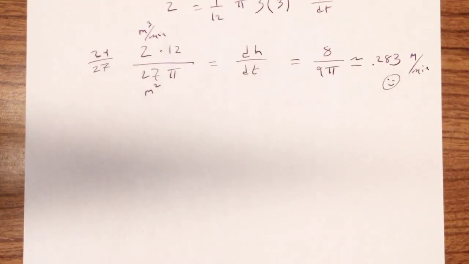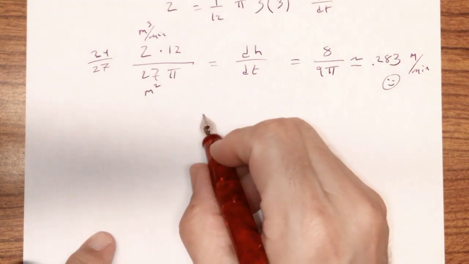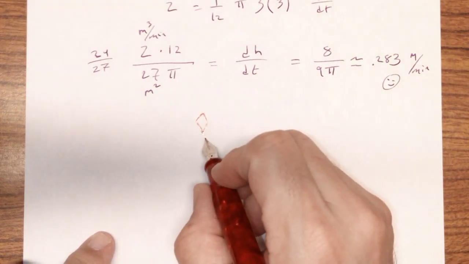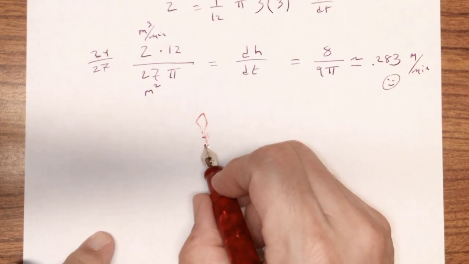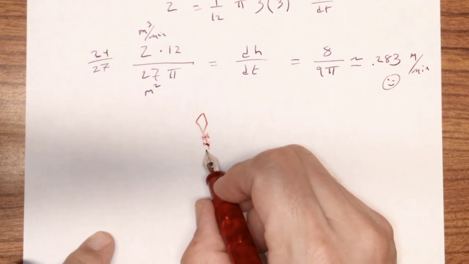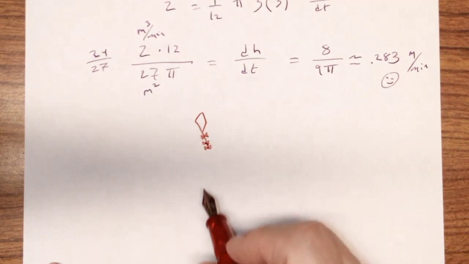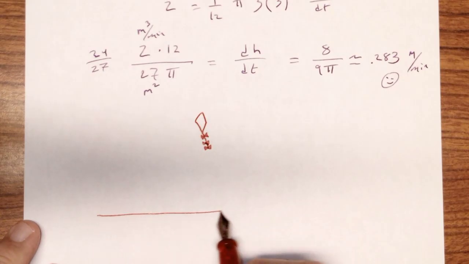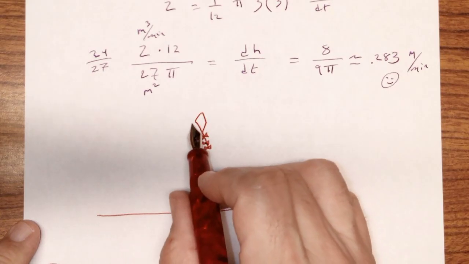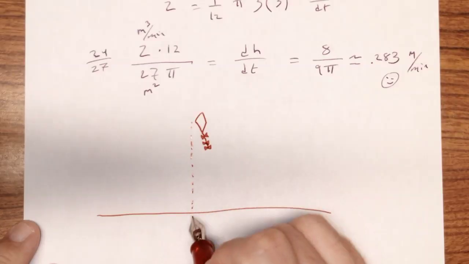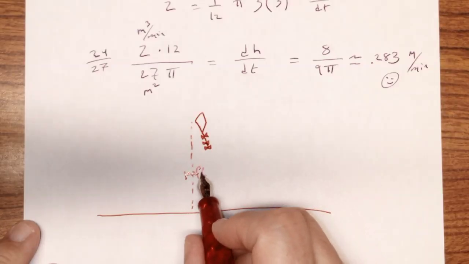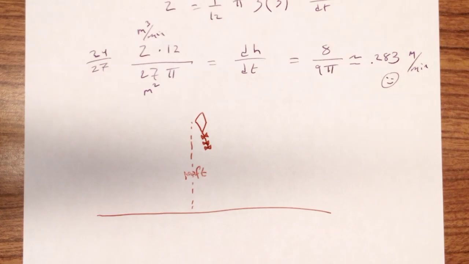A kite. A kite, 100 feet above the ground, is moving horizontally at a speed of 8 feet per second.